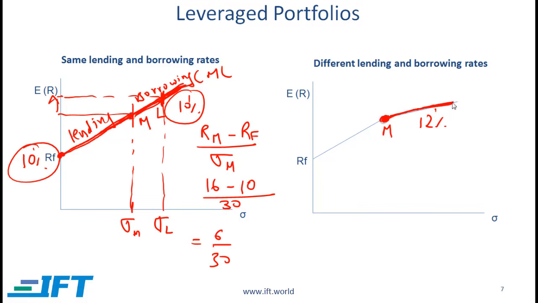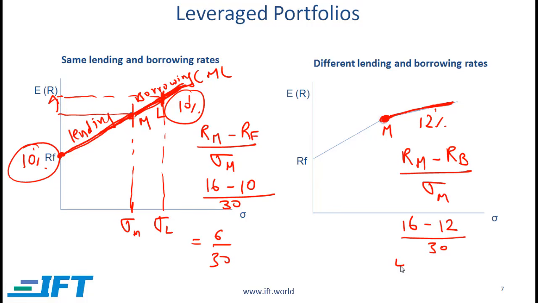Over here, the borrowing rate is relatively high, and the slope is going to be return on market minus the borrowing rate divided by risk of the market. Plugging in the numbers, return on market is 16 minus the borrowing rate is 12 divided by risk of the market is 30.